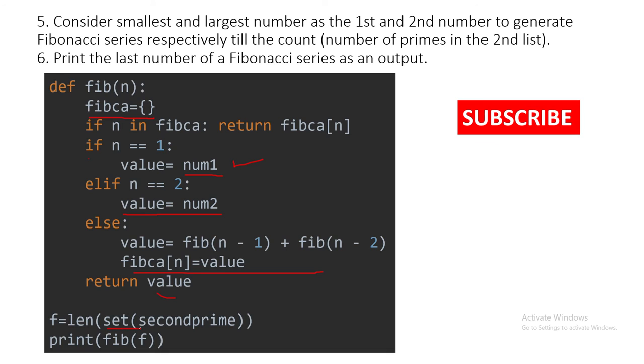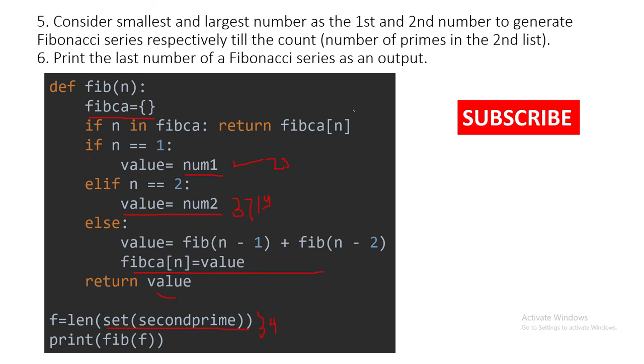Okay, so we are using a set here, so we don't get repeated elements. We'll use length, so f will be 34 here. Okay, so we'll calculate Fibonacci of 34, where num1 will be 23 and the max num will be 3719. So this is how we can solve the prime Fibonacci numbers.